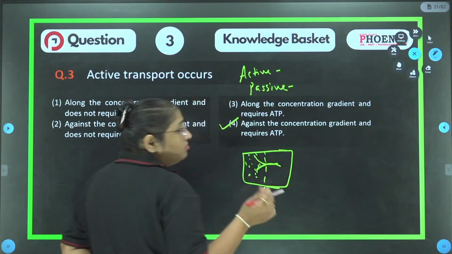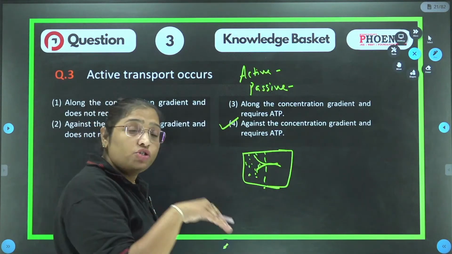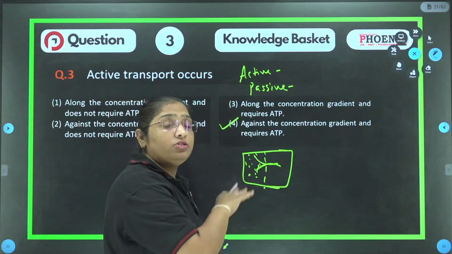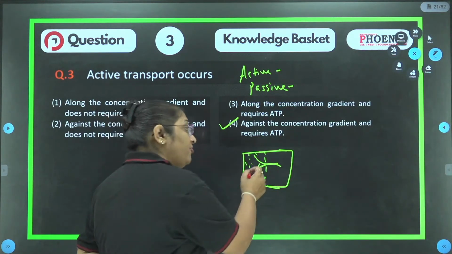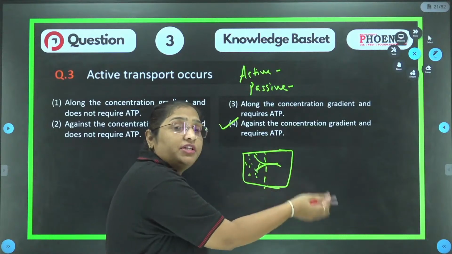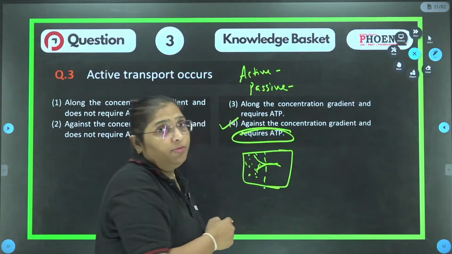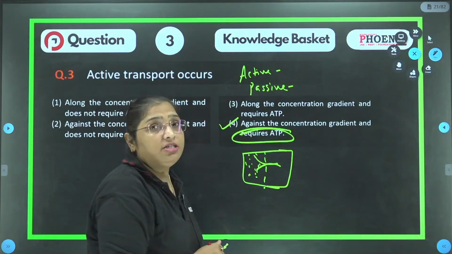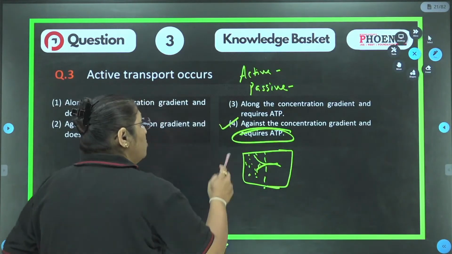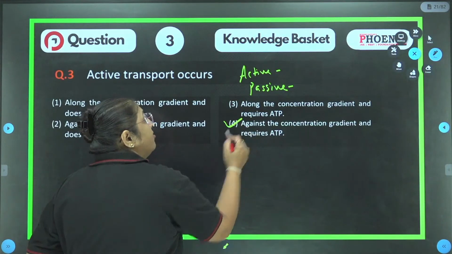Whenever there is movement of molecules from higher to lower concentration, it is along the concentration gradient. But when is ATP required? When it is against the concentration gradient. So our answer is 4.